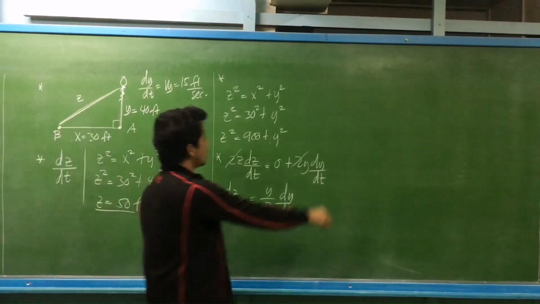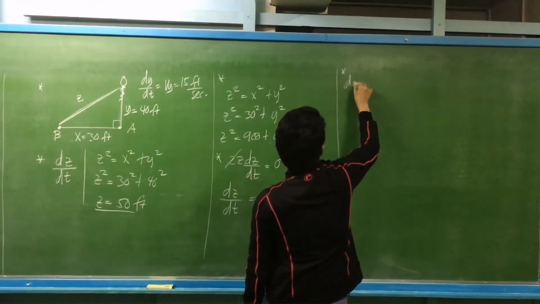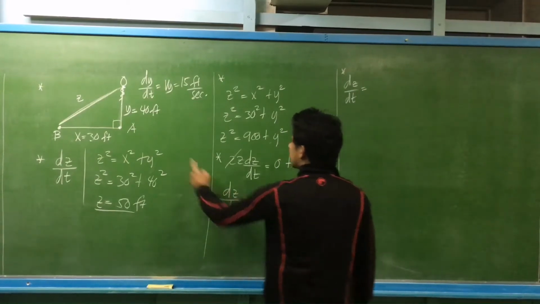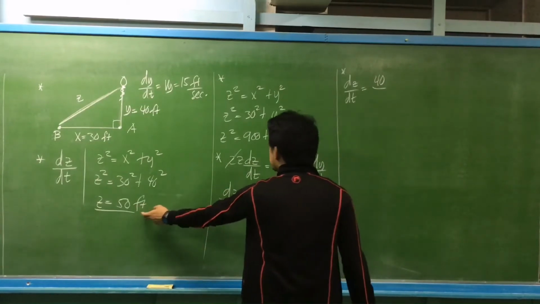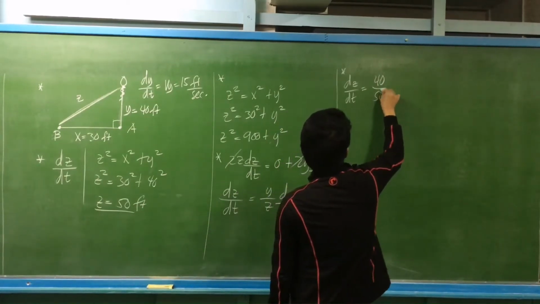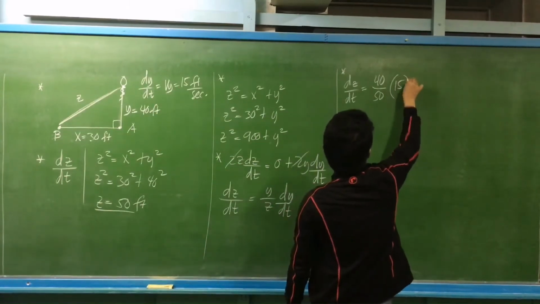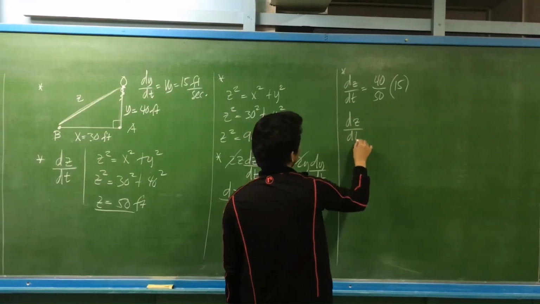So by substitution, last part, dz over dt is equal to, what is the value of y? That is 40, divided by the value of z, that is 50. What is the value of dy over dt? That is 15. So let us compute the value of dz over dt.